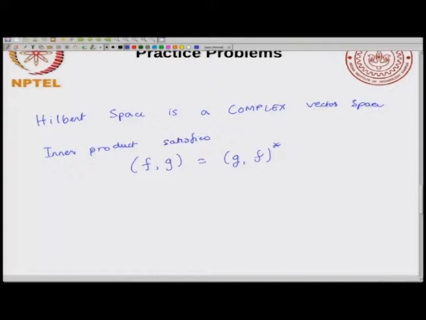And the inner product of f and g is given by integral f star g dx, and this is given by integral g star f dx star. So, the Hilbert space is actually this complex vector space where the inner product is defined in this way, and this is essential in quantum mechanics.